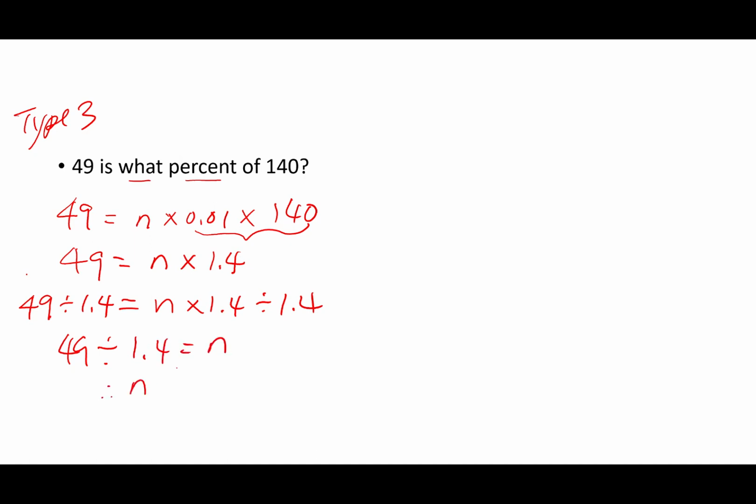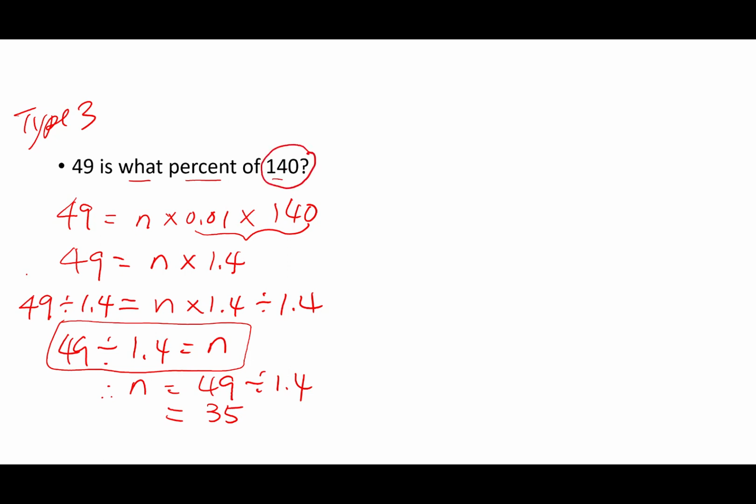This equation is equivalent to n equal to 49 divided by 1.4, flipped over. By doing a decimal division, we get n equal to 35. So the answer to this problem, 49 is what percent of 140? You're given the number 140, and you want to find what percent of 140 gives you 49. The answer is 35%. And that's how you do the work for percent problems.